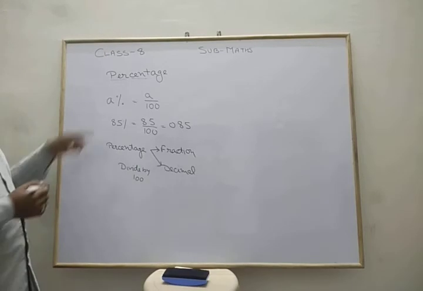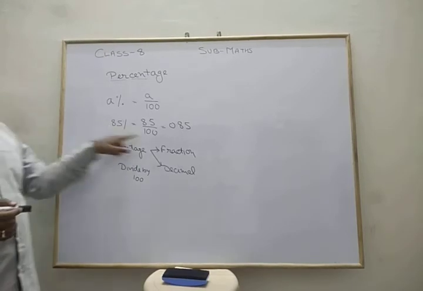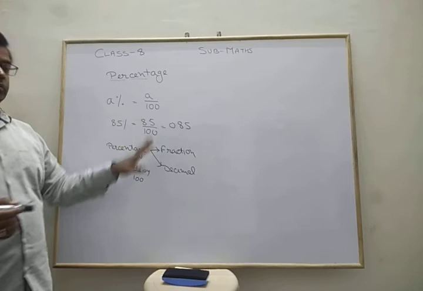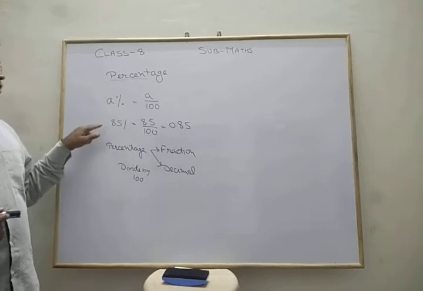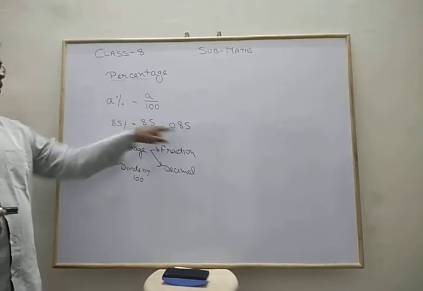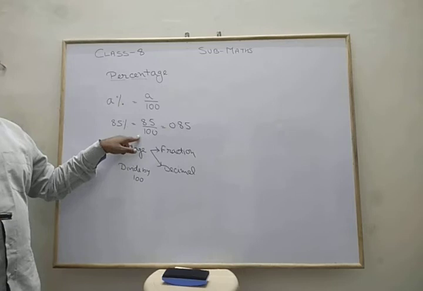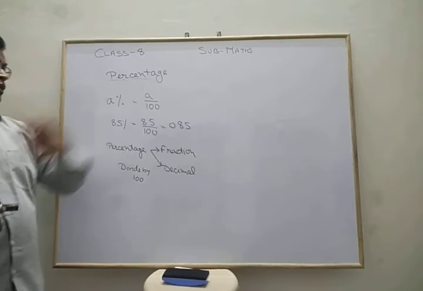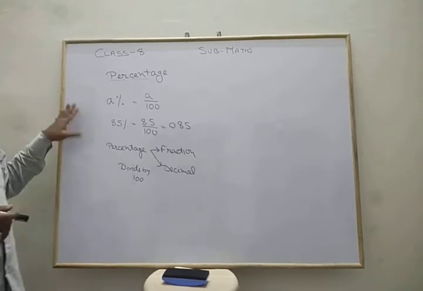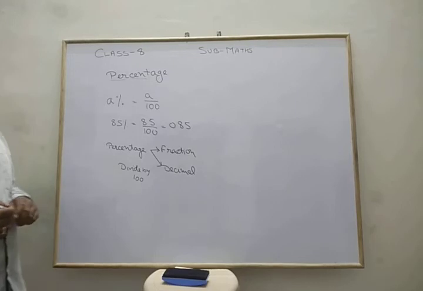Suppose the question says convert 85% into a fraction: we divide by 100 and then simplify. If it says convert 85% into a decimal, we divide by 100, and it's 0.85. This is the first concept.